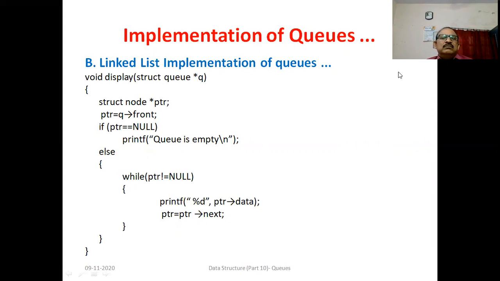Display means we want to see all the contents of the queue. Here we simply set PTR is equal to queue front. If PTR is equal to null, it means the queue is empty. Else we repeat the process of printing PTR data and PTR is equal to PTR next until PTR becomes null.